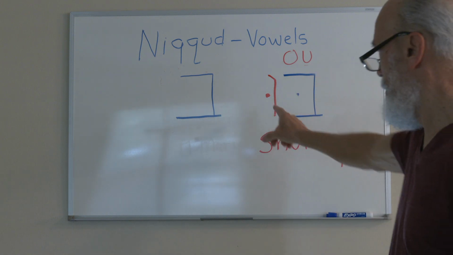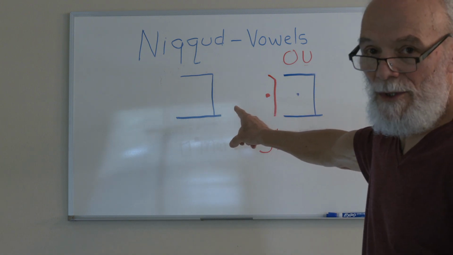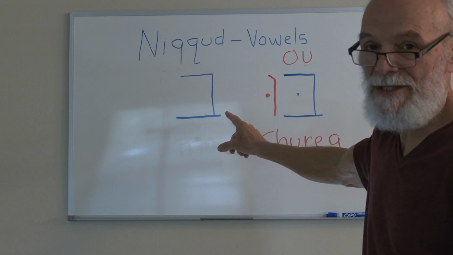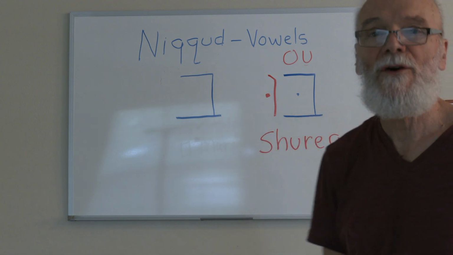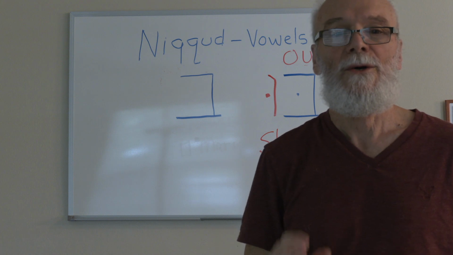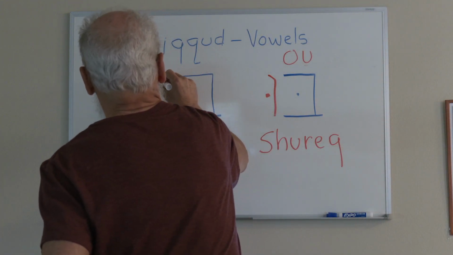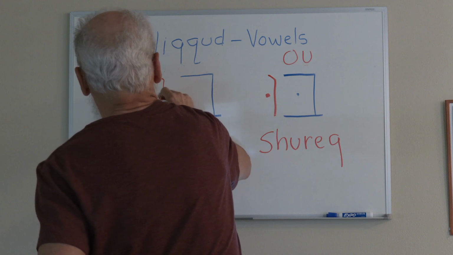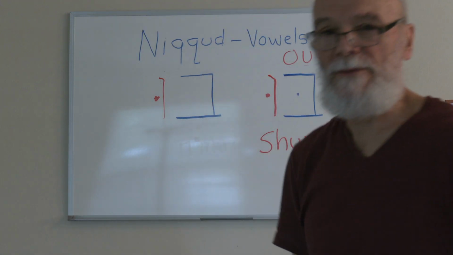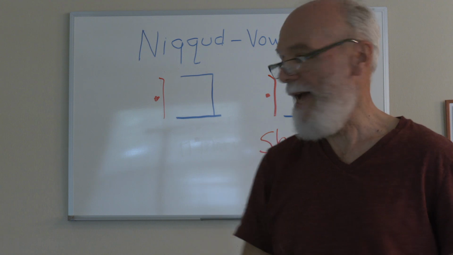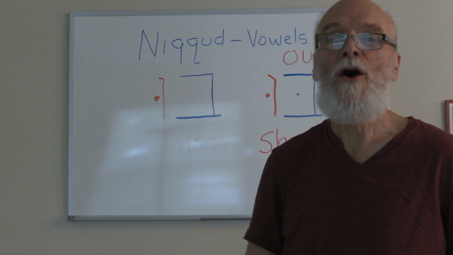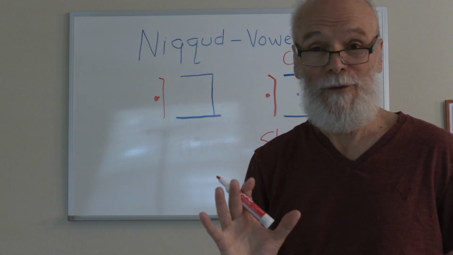With the vowel shurek, it makes an oo sound, and you have boo. Do one over here for the vet. The bet without the dagesh, a va sound. This would make voo.